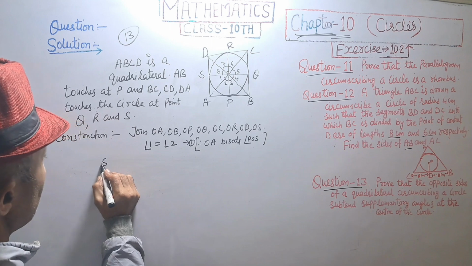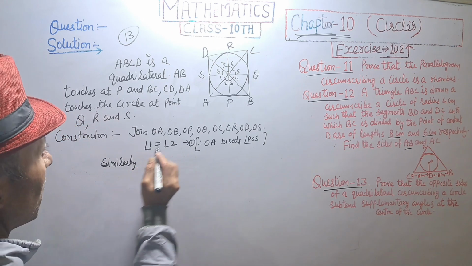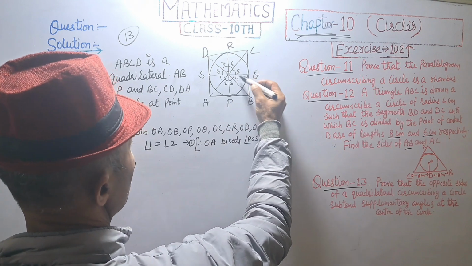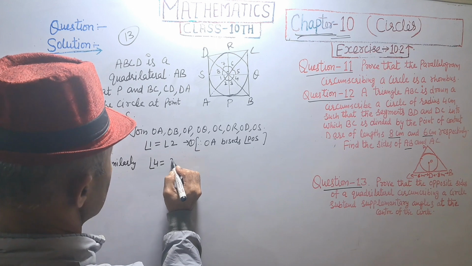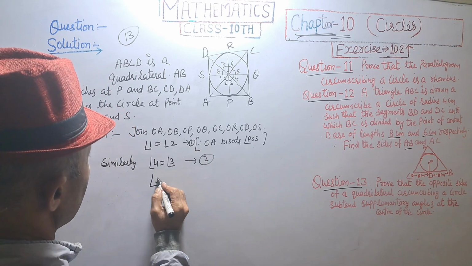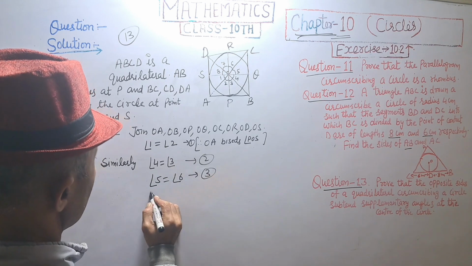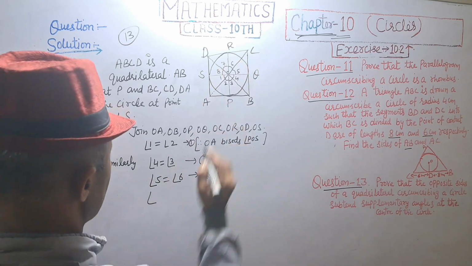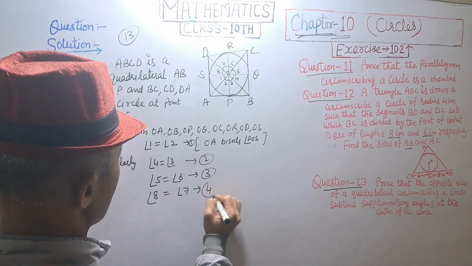And similarly, angle 4 is equal to angle 3, equation second. Angle 5 is equal to angle 6, equation third. And angle 8 is equal to angle 7, equation 4.